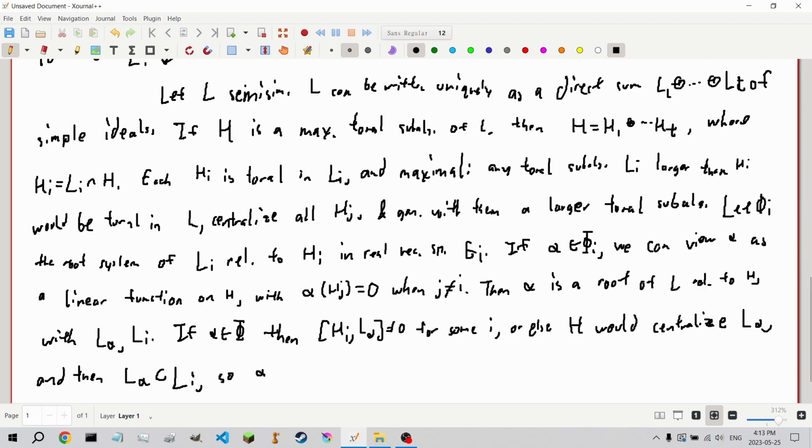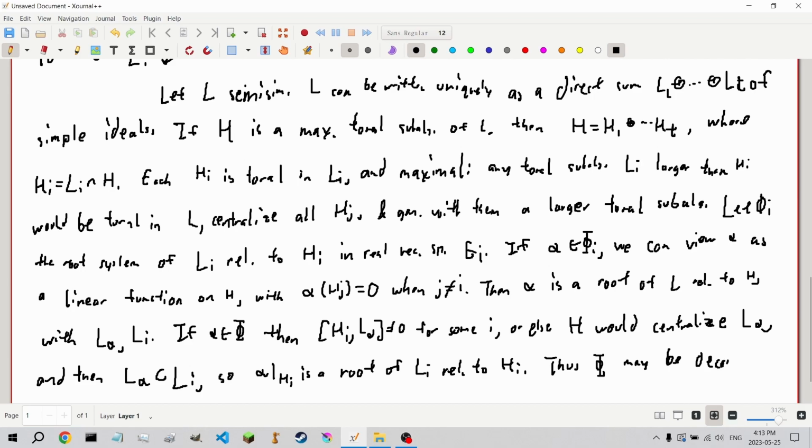So the restriction of our alpha to Hi is a root of Li relative to our Hi.